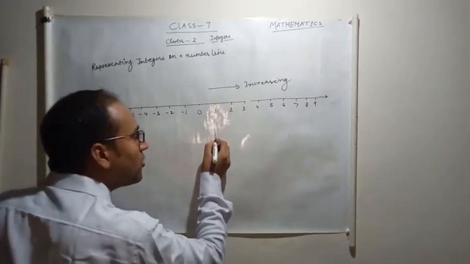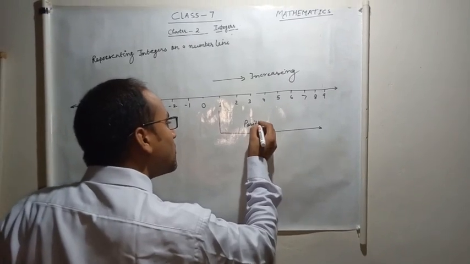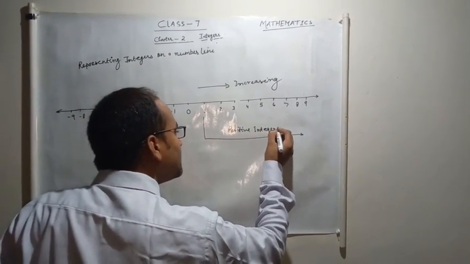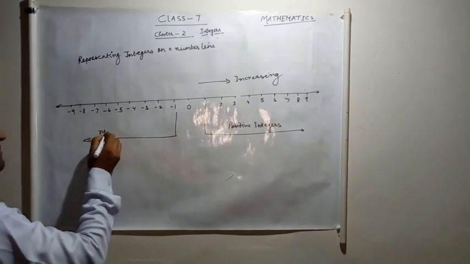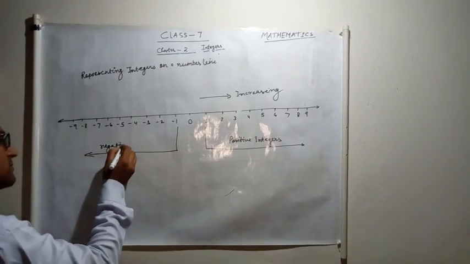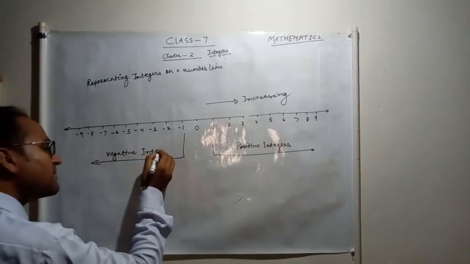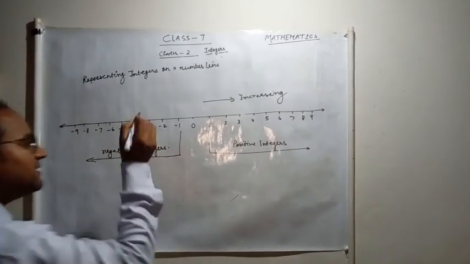This side is called positive integers, and this side is called negative integers.